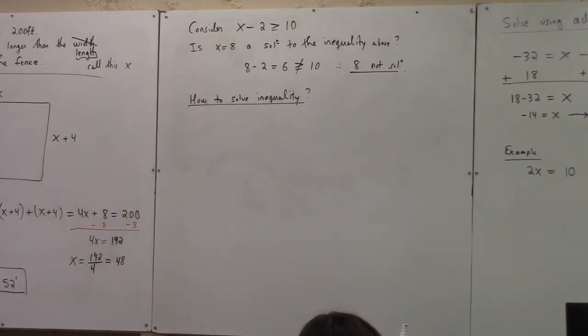Really, I'm asking what can we do to inequalities to change them to simpler inequalities where the solution's immediately obvious? We still have an addition principle, and we still have subtraction. We can add to an inequality, we can subtract from an inequality, but multiplication gets trickier. I'll show you in a second, but that's not going to be an issue here. So let's add 2 to both sides of the inequality. What's that give us?